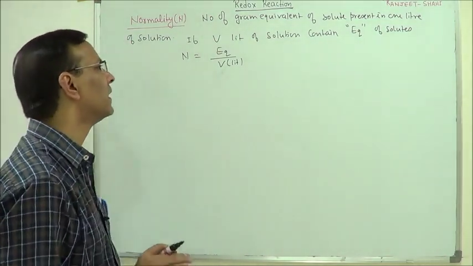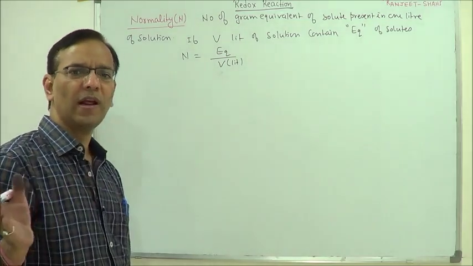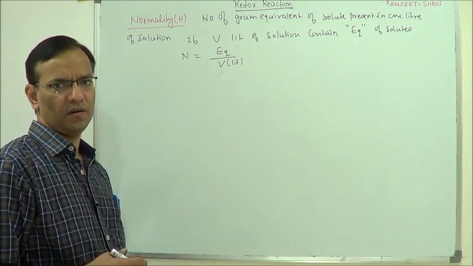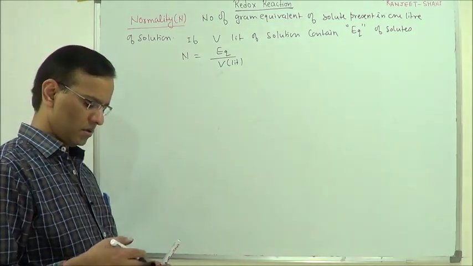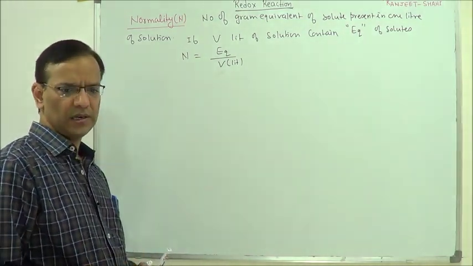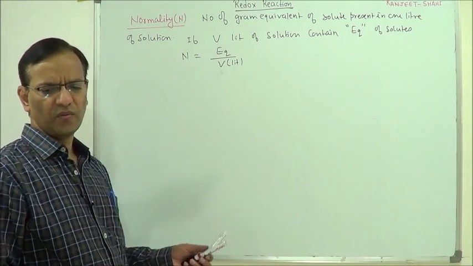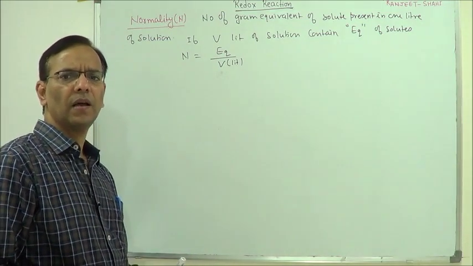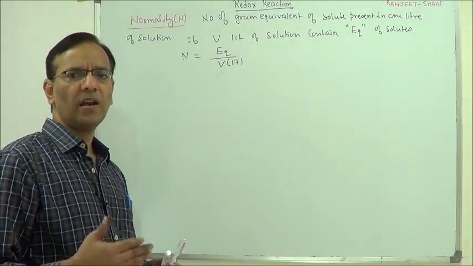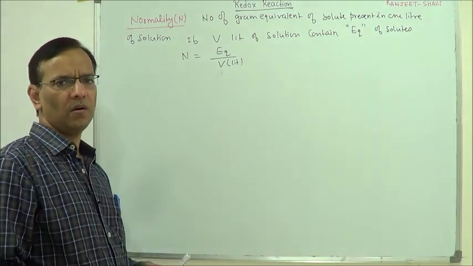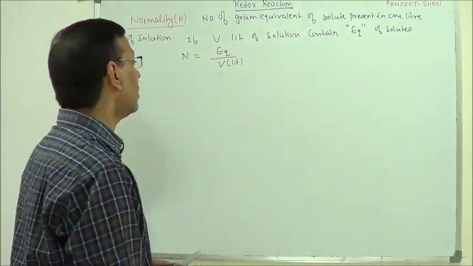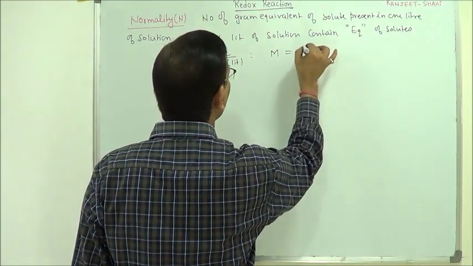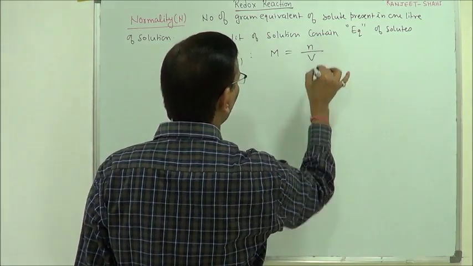This normality is parallel to molarity. So it must be related to molarity. Molarity is simple in expression. First we form a solution in terms of molarity concentration, but normality is easier in calculation, so we convert molarity into normality. So if we recall, molarity was the number of moles upon volume in liters.